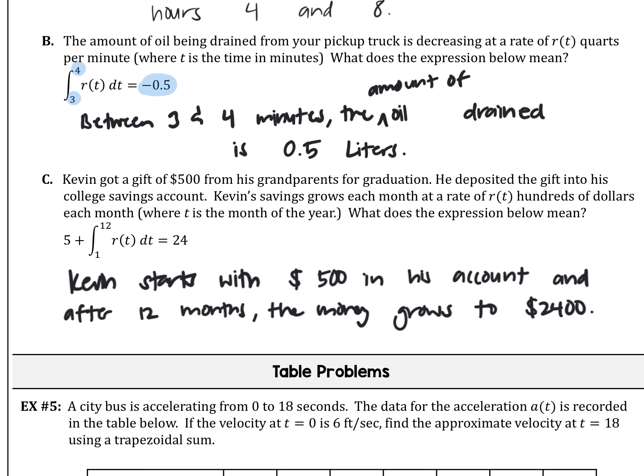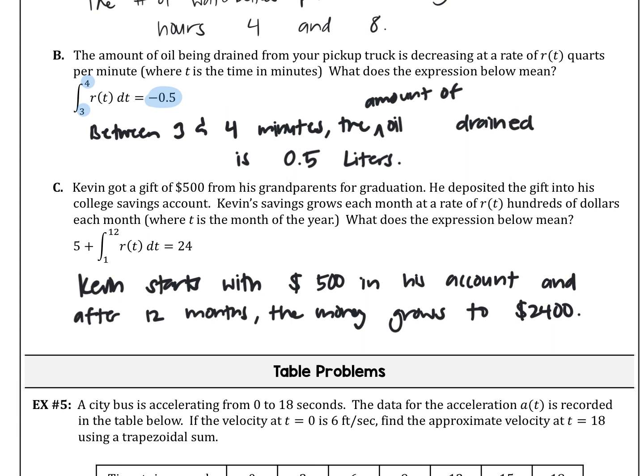Or if you want, you could use these as 500s of dollars and 2,400s of dollars, but it's not too terrible math there, right? Okay, so not terrible, but you just got to remember when you're doing an integral, you're accumulating whatever stuff or whatever rate is happening, okay?